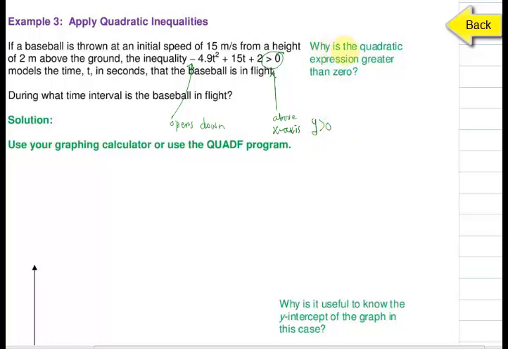The question is, why, on the right here, is the quadratic expression greater than 0? Well, because we want to see where y is greater than 0, and that probably has something to do with the height, right? Because our y-axis is vertical, and when we shoot baseballs through the air, we're probably concerned with height. And so we only want to consider positive y values.